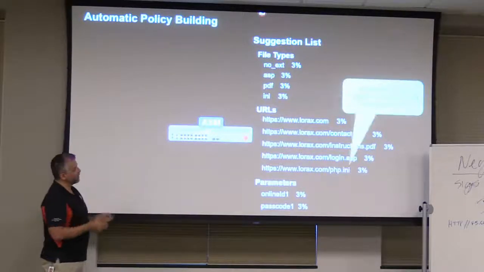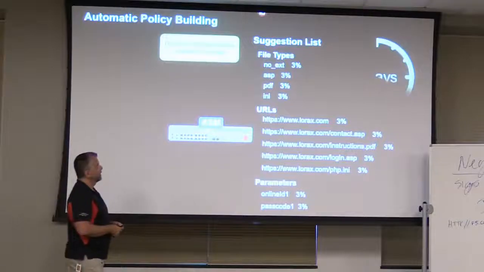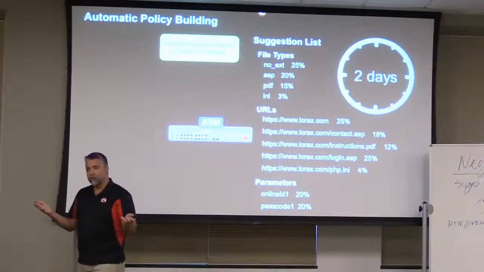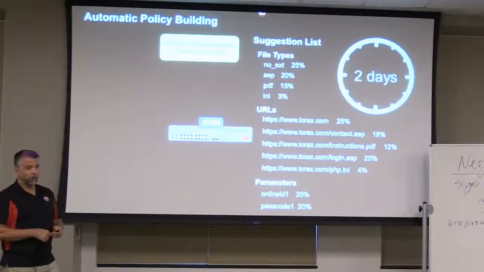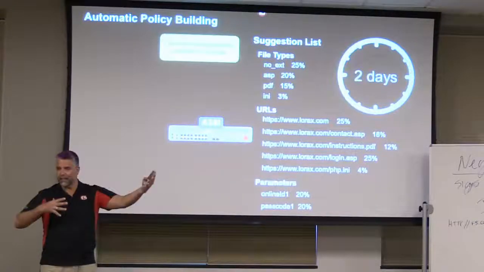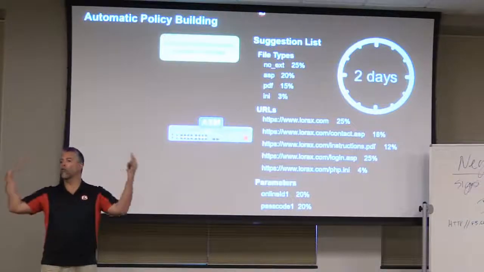We have invalid suggestions, or suggestions that I don't want to be part of the policy, as well, with learning scores. And now time goes by, a couple days have gone by, and the scores go up a little bit. Again, I want to reiterate, the only way those scores go up is because requests are coming in from lots of different users, lots of different sessions over a period of time.